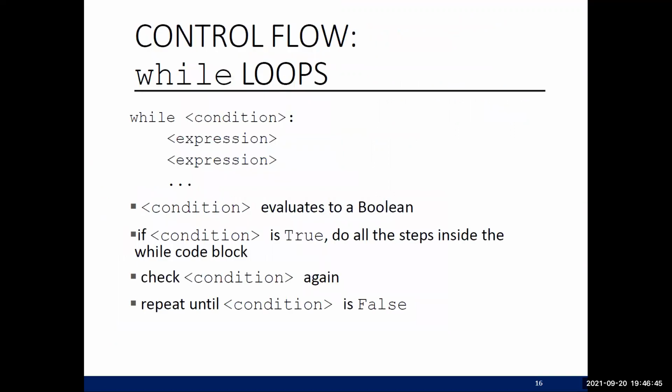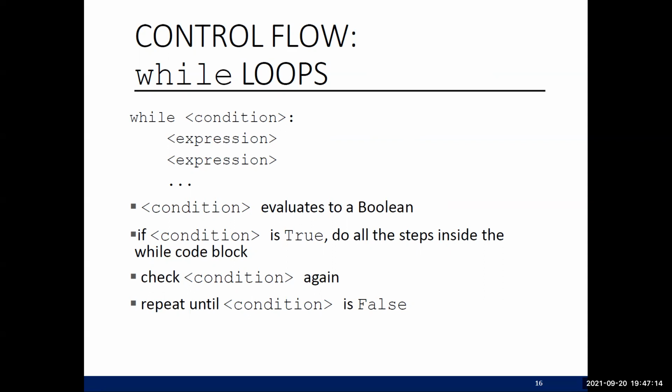Now we have the first type of loop, where we repeat some expressions. We have two types: for a certain number of times, from 1 to 10, for example, 10 times, or for an unknown number of iterations, but there is a condition.